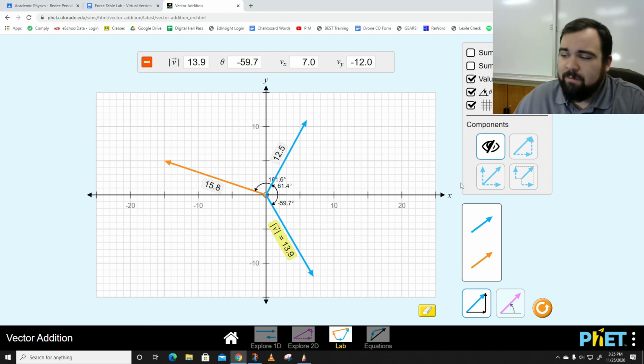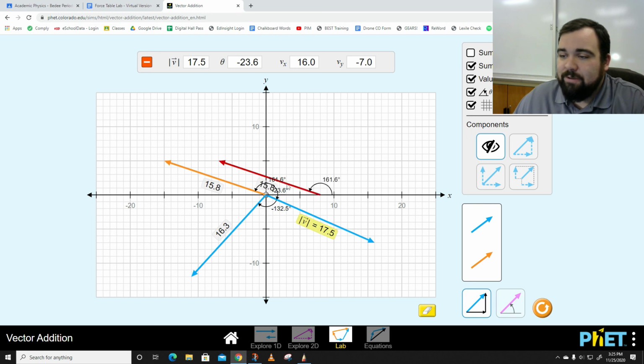And for the sections where you need to find like the sum of these forces, what is that net value? If you click this option, this is your net force. So the sum of those three together results in that. Okay?